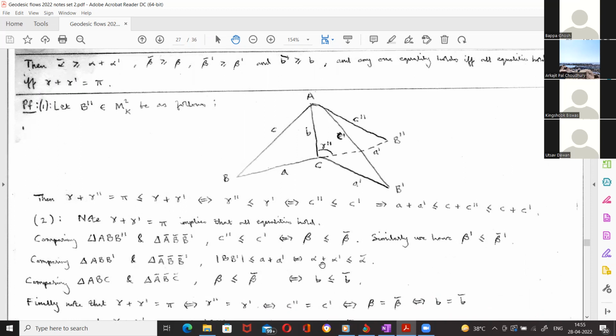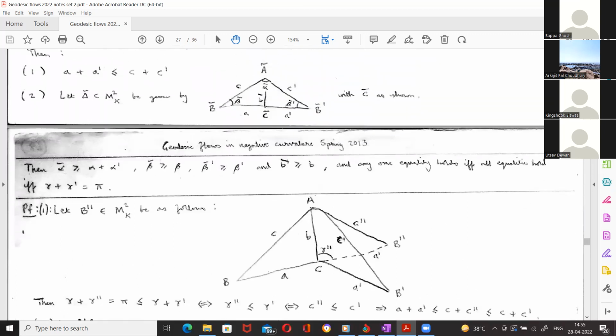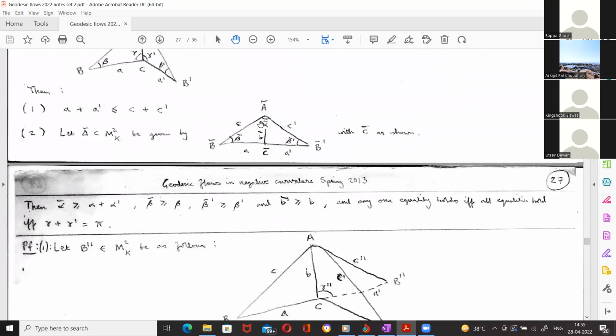And finally, we need to show that B is less than or equal to B bar. For that, we look at the triangles ABC and A bar, B bar, C bar. At the vertex B, these have the same sides, C and A. It's C and A over here, and over here also it's C and A. But I know that this angle beta here is less than or equal to this angle beta bar.